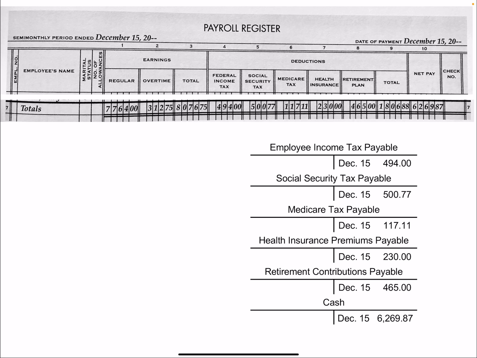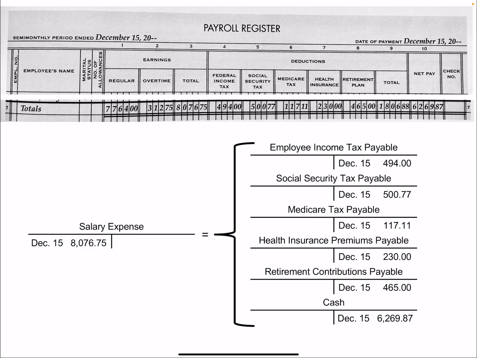Then if you take, like I said before, the sum of the total earnings column here, you add those all up, and that equals the total earnings equals your salary expense. And that's where that comes from. So your journal entry will include all of these entries that we have placed in the T accounts.